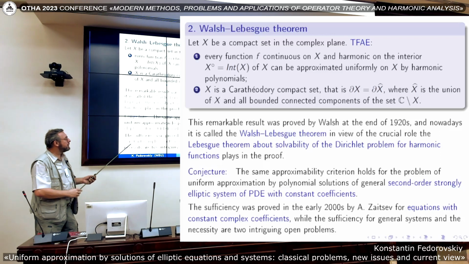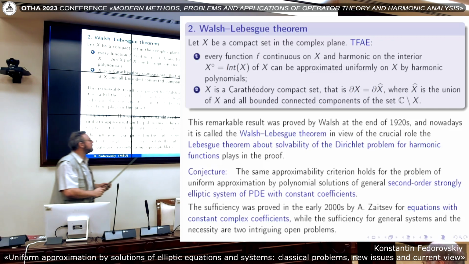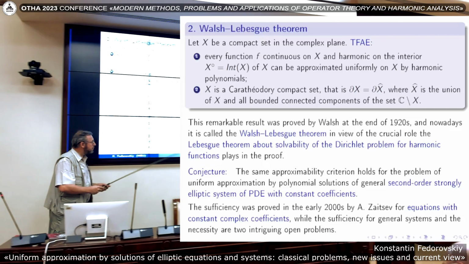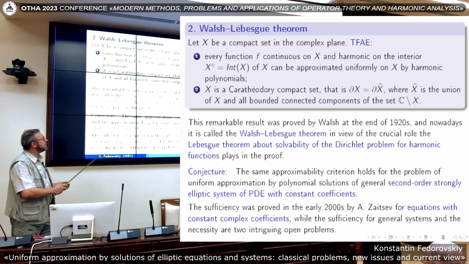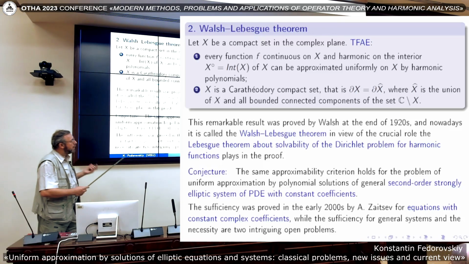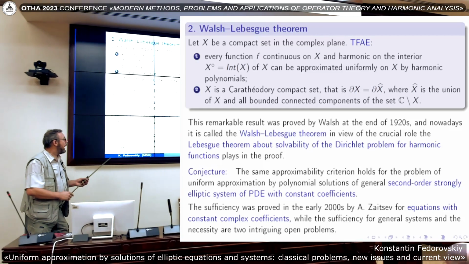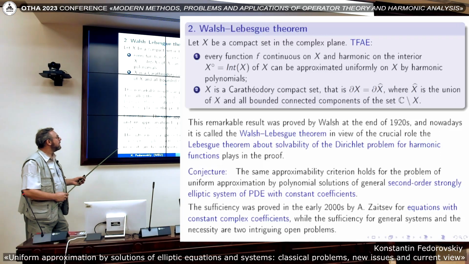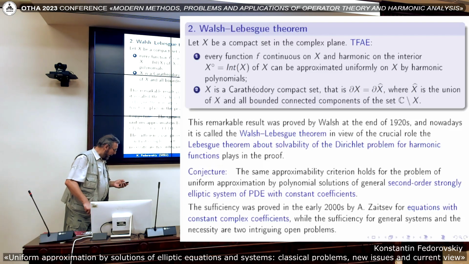It was proved approximately 20 years ago by our student Alexander Zaitsev from Moscow, but his proof works only for equations with complex coefficients. For general systems, it's up to now an open problem. And of course, the most important problem is to prove the necessity of this condition.